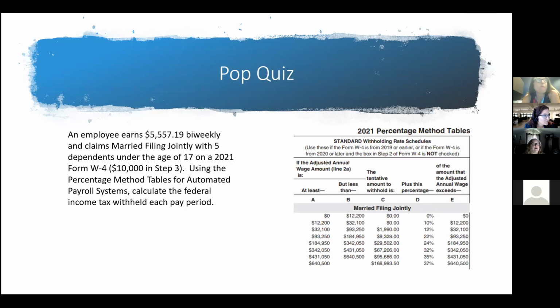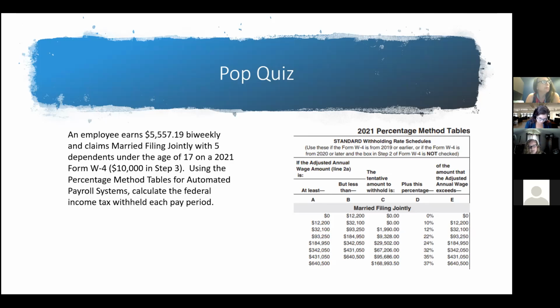All right. So here's a pop quiz. Here's a similar scenario, and we're going to do this together. But go ahead and type your answer in the chat so that we make sure everybody gets credit. So an employee earns $5,557.19 biweekly. They claim married, filing jointly with 5 dependents under the age of 17 on a 2021 Form W-4.